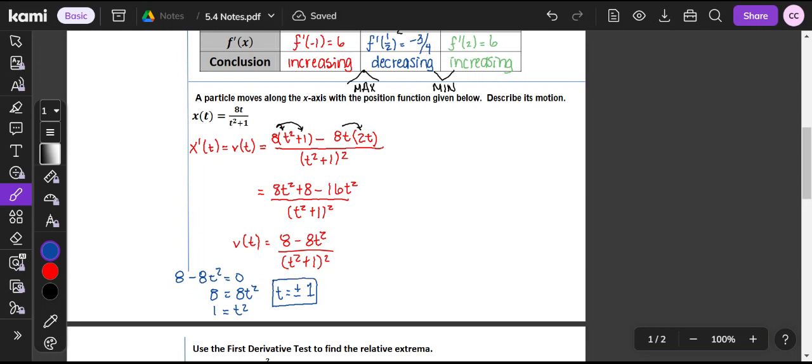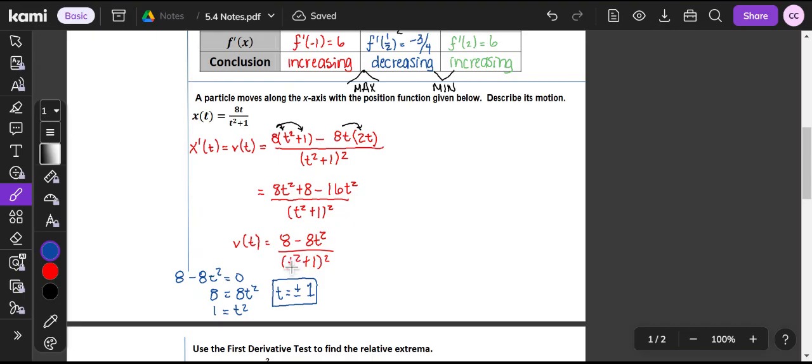All right, now I could also figure out where this function is undefined by setting the denominator equal to 0. But if you think about it, the denominator is really, really close to the denominator of the original function. And remember, a function is undefined if its denominator is equal to 0.